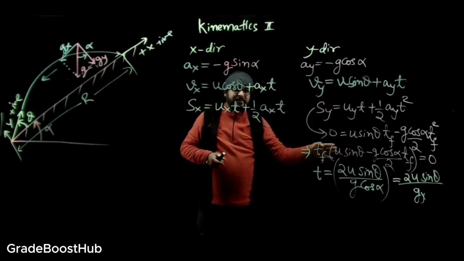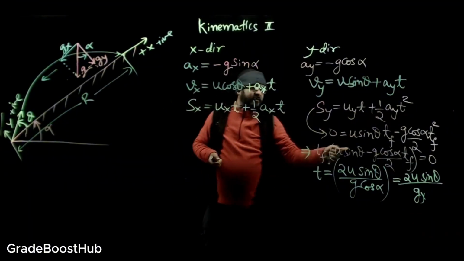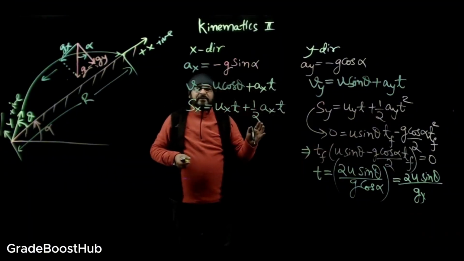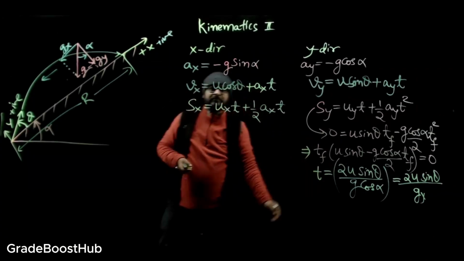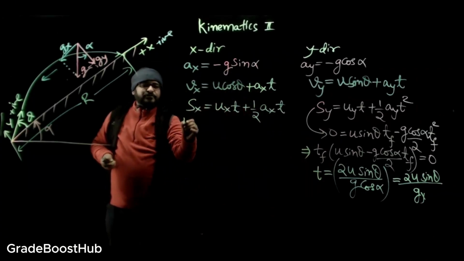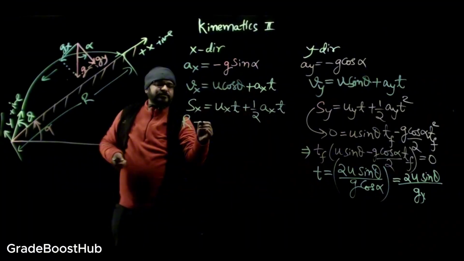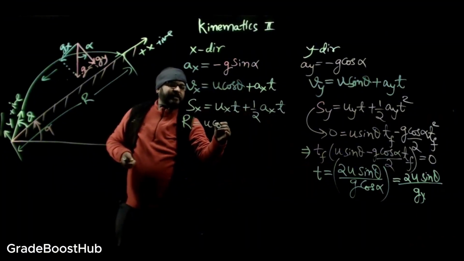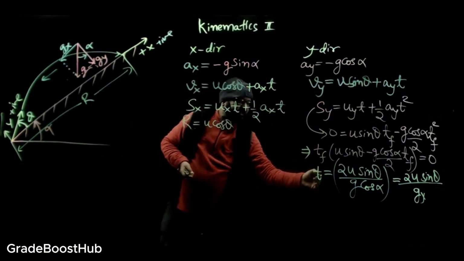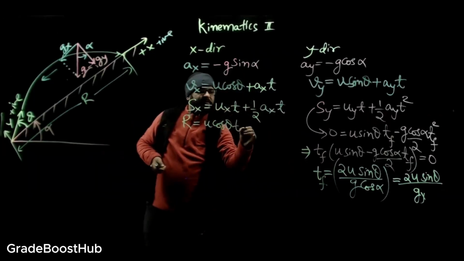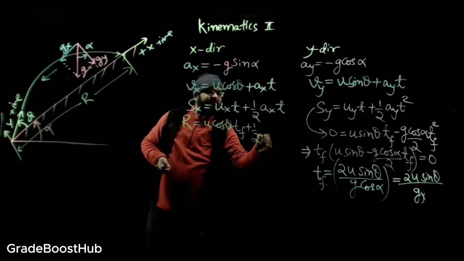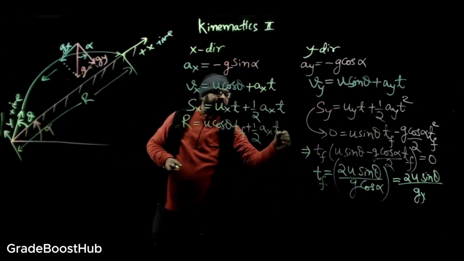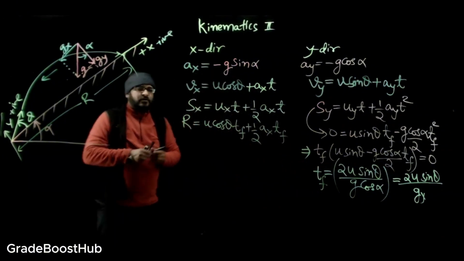So you can remember smartly, or you can remember the logic. Now, if you have this time, my range is just u cos theta, and I have to plug in this time of flight, plus half ax time of flight. I think you all will be able to do it.